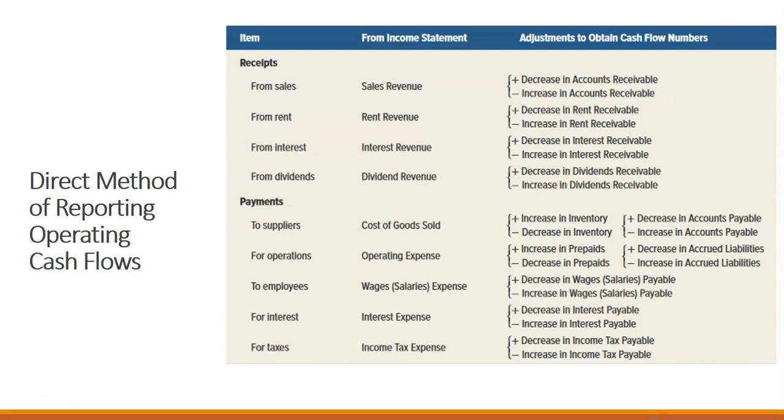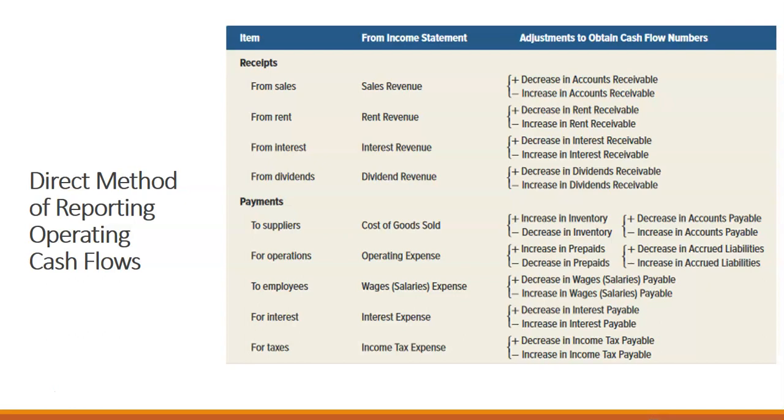So we would have the cost of goods sold plus or minus changes in inventory plus or minus changes in the accounts payable. For operations, we take our total operating expenses plus or minus prepaids plus or minus any accrued liability accounts, and then making sure that we remove things like depreciation expense that are non-cash expenses.